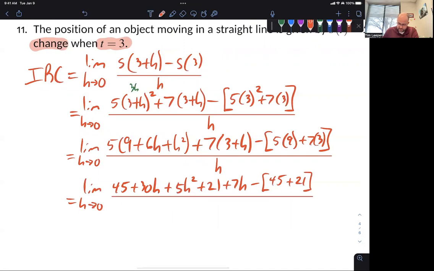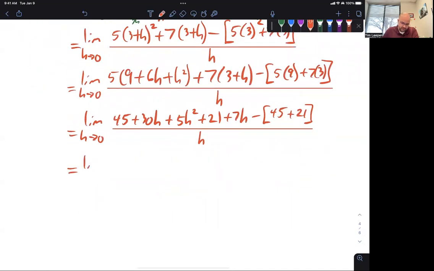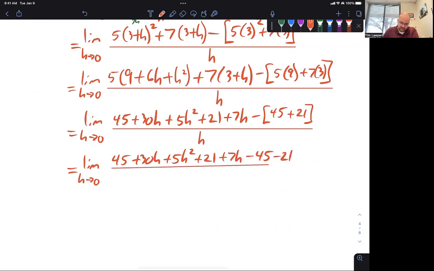Good. Now I would distribute the negative, and that's going to give me the limit as h approaches 0 of 45 plus 30h plus 5h squared plus 21 plus 7h minus 45 minus 21, and then all over h.